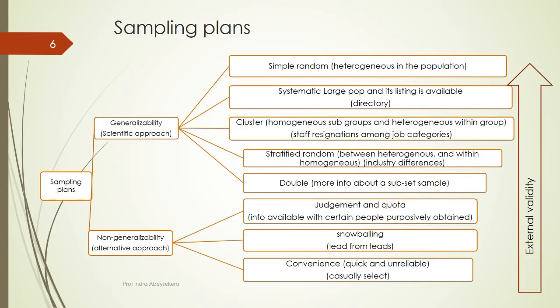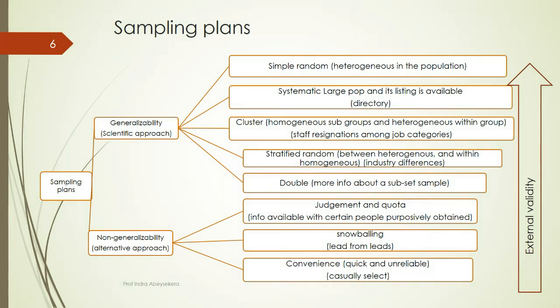So when we look at the sampling plans, the purpose of sampling could be to generalize findings or not to generalize findings. If it is to generalize findings, then we follow the scientific approach, and then we tend to use the probability-based sampling.